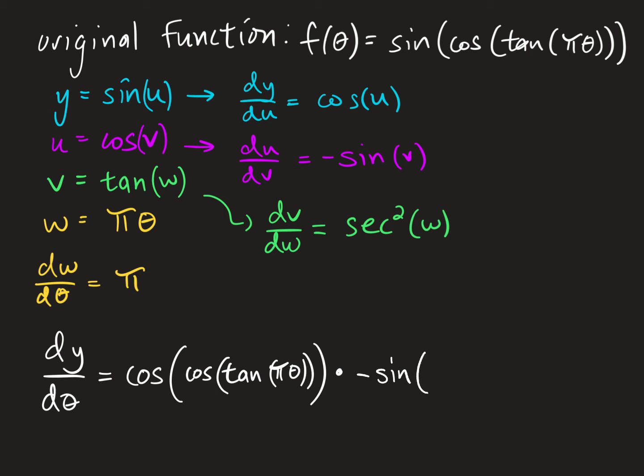V was just tangent of pi theta, times dv dw, which is secant squared w. But w, remember, you can see here, was just pi theta, so we've got to have pi theta in there, times dw d theta, which is pi.